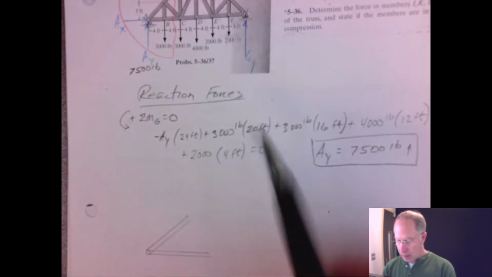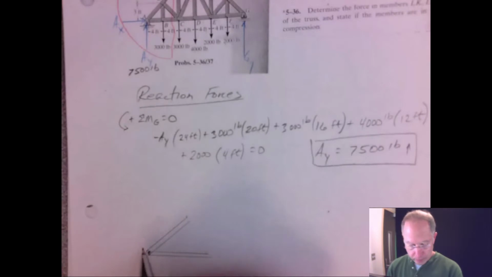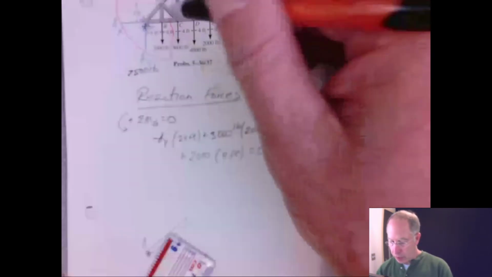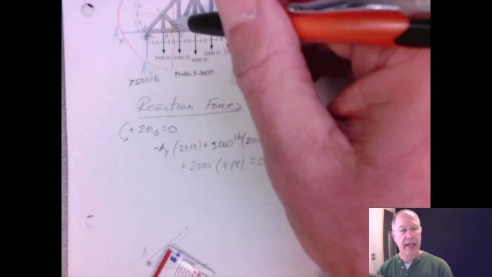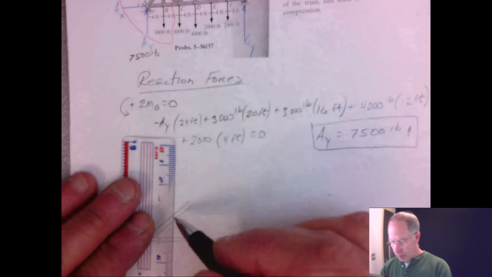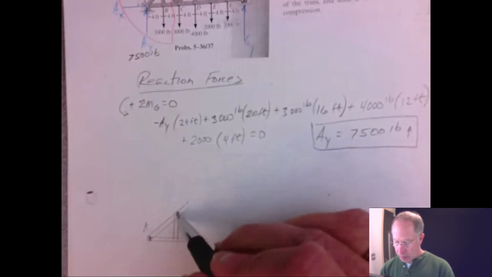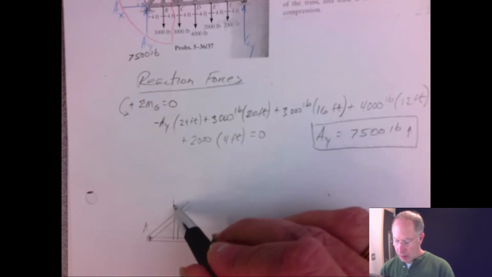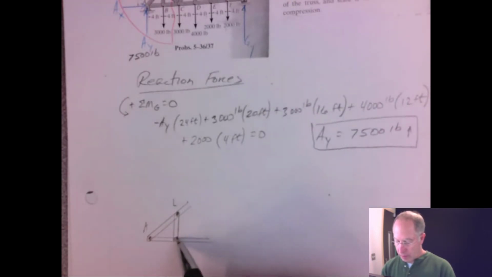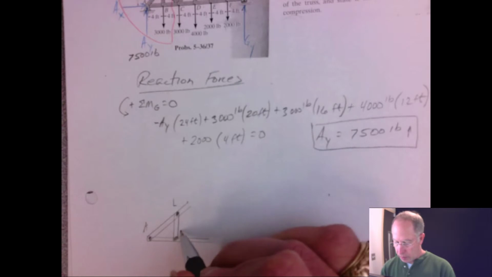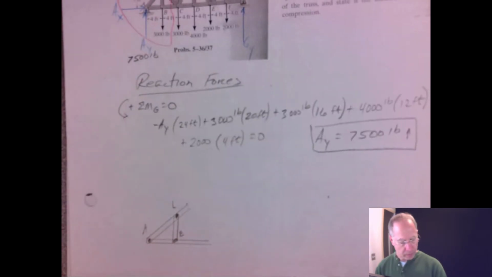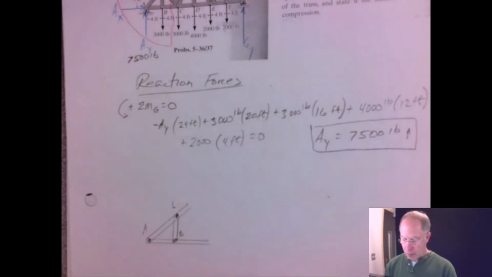Like that. So this would be A here. And we have this vertical member LB coming down. So there's L. Here's B. I should probably draw that bigger.